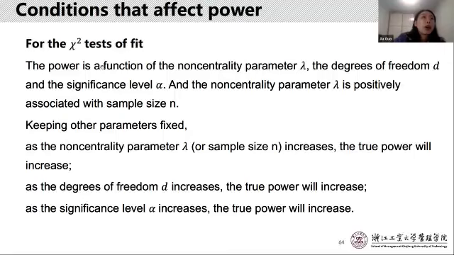So keeping other parameters fixed, as the non-centrality parameter lambda increases, the true power will increase. Also, if you increase the sample size, the non-centrality parameter lambda will increase, so the power will also increase. And if you increase the degrees of freedom, the true power will also increase. And if you increase the significance level, the true power will increase.